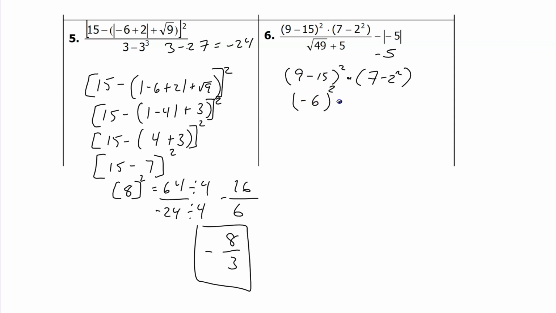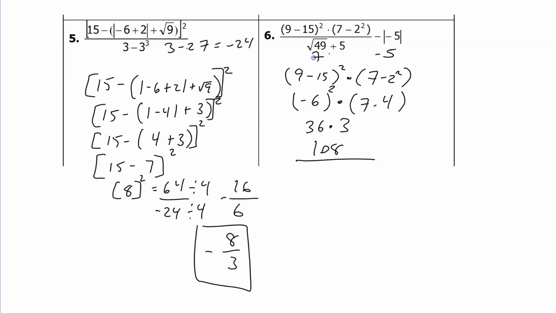And times 7 minus 2 squared, well, 2 squared is 4. Negative 6 squared is 36 times... oh, I'm sorry, oops, it's a minus, times 3, and that gets me 108. So 108 is my numerator.